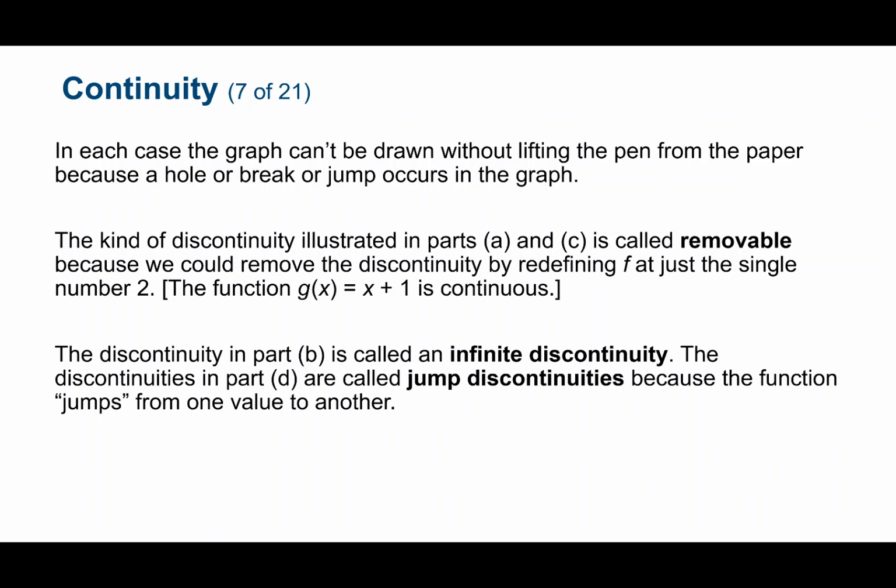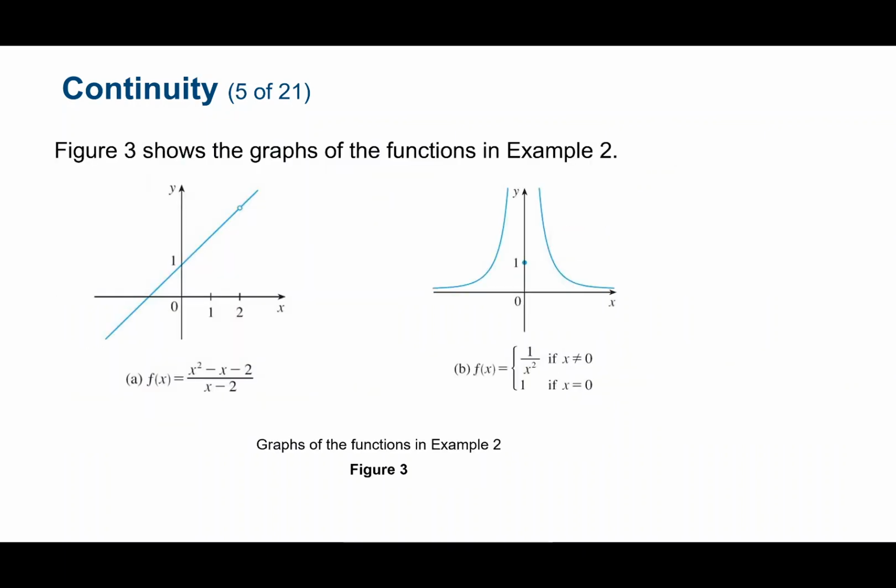So when we have a hole, the more formal name for that is a removable discontinuity. So that's like graphs A and C. In A, we just have the one hole and that's all.